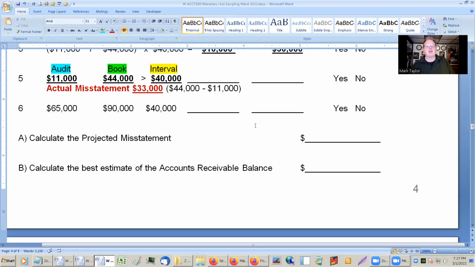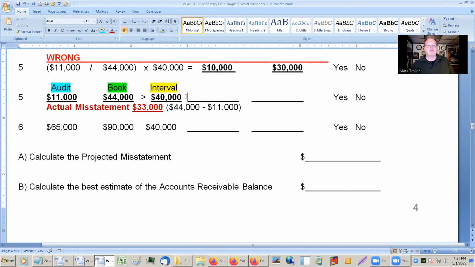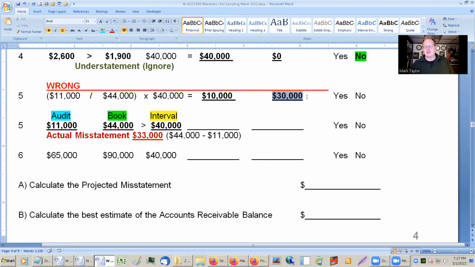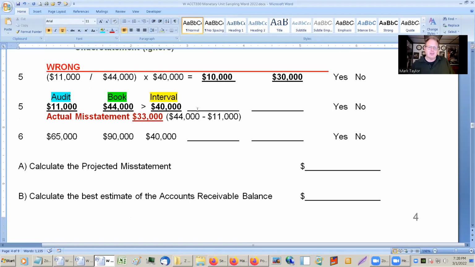So notice, the actual misstatement is 33,000. This up here reduces the misstatement. Why? Because it's projecting it over a $40,000 interval when the item is actually bigger than the interval. So when the book value is bigger than the interval, you take the actual loss, their actual misstatement.